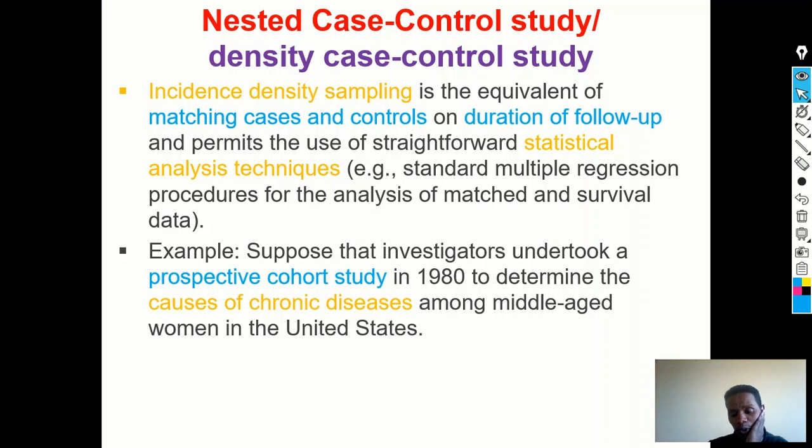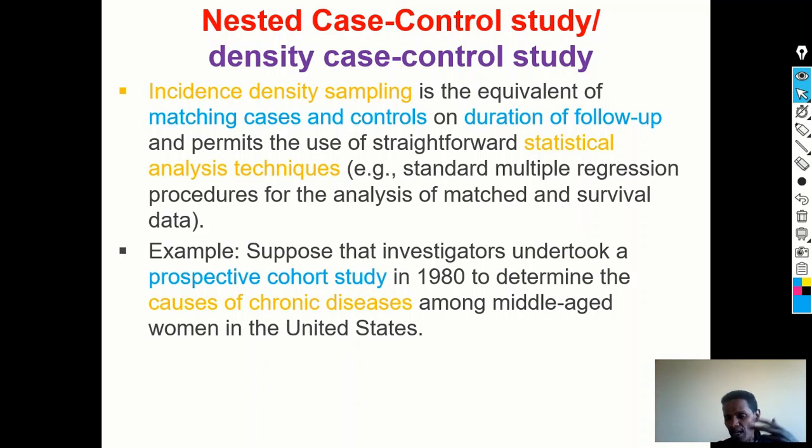So now let me show you an example, and we'll wind up today's class after showing it. Suppose that investigators undertook a prospective cohort study, initiated in 1980, to determine the causes of chronic diseases among middle-aged women in the United States. Although I said suppose, this is an actual study in the United States.